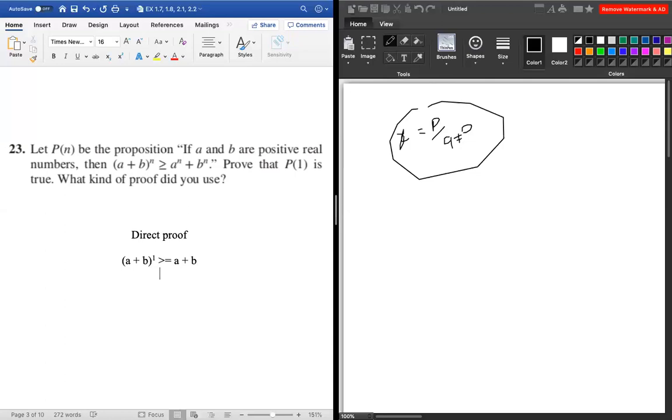So now we know (a plus b) to the power of 1 is a plus b itself. And we say a plus b is greater than or equal to a plus b. And then we know that a plus b equals a plus b. So this is a direct proof.